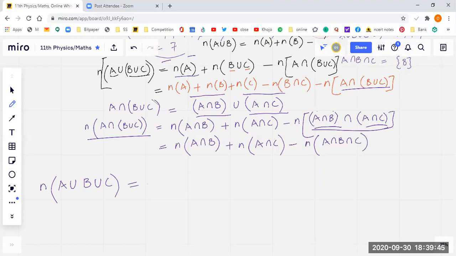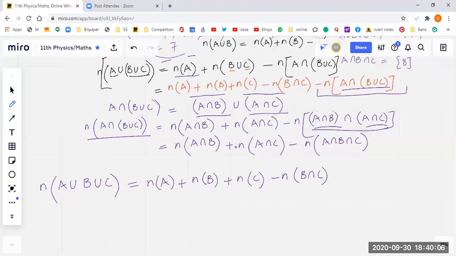Amitoj Singh, number of elements in A plus number of elements in B plus number of elements in C minus number of elements in B intersection C. And what is this I have derived?